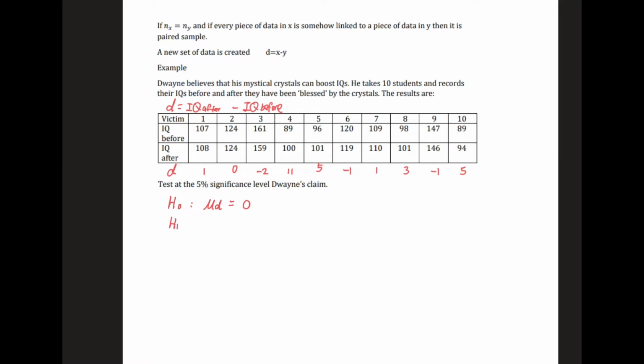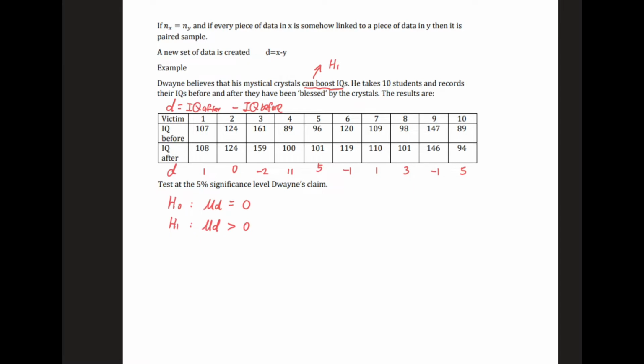Then H1, mu D. We follow this one: can boost IQ. If they can boost IQ, that means after using the crystal should be greater than before, so the difference should be positive, more than 0. This is the hint to set up the H1.